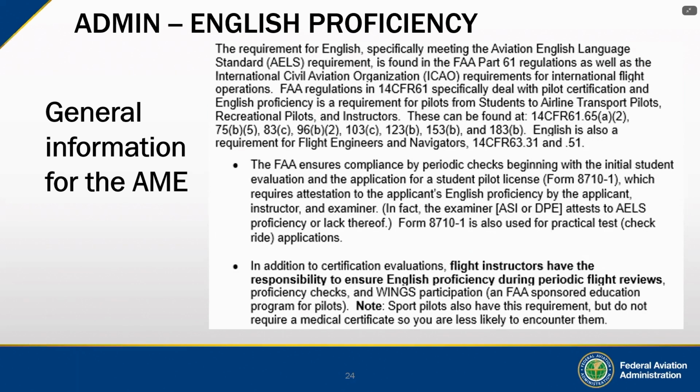Now, this is something that the CFI and the examiners verify, both at the initial intake into aviation. You need to make sure that someone understands English before you can turn them loose to talk on a radio, for example.